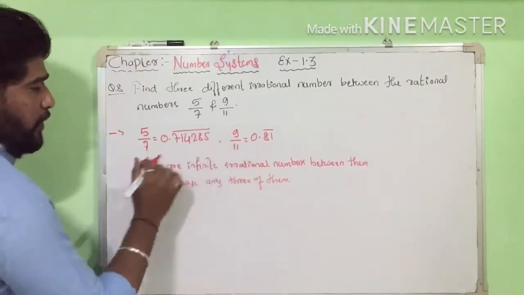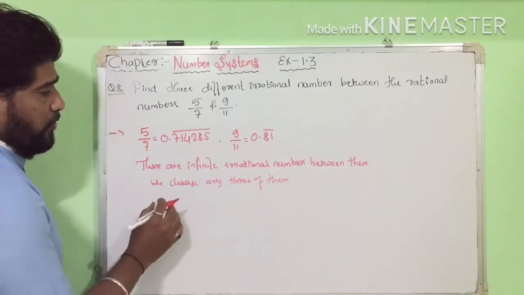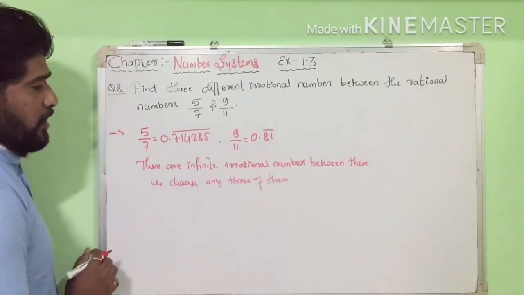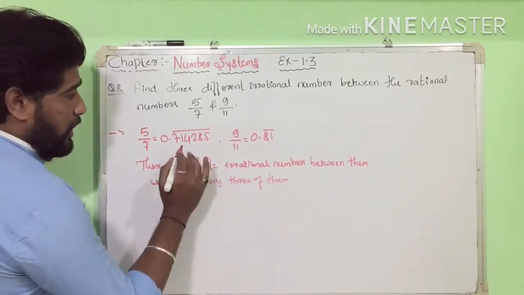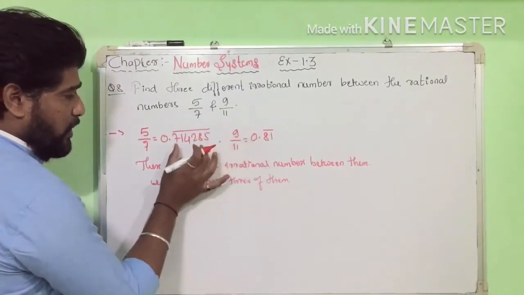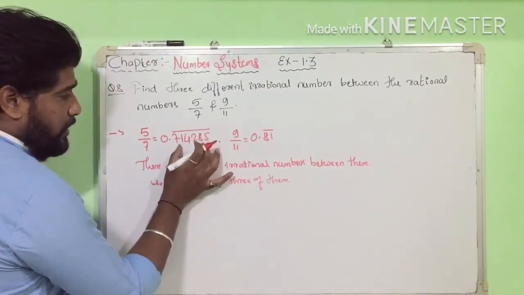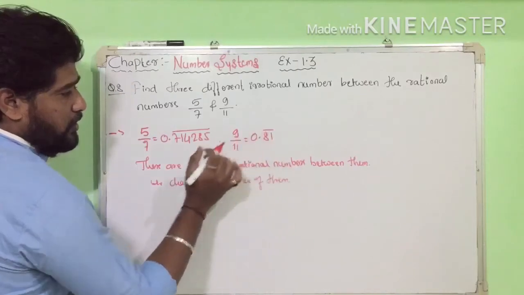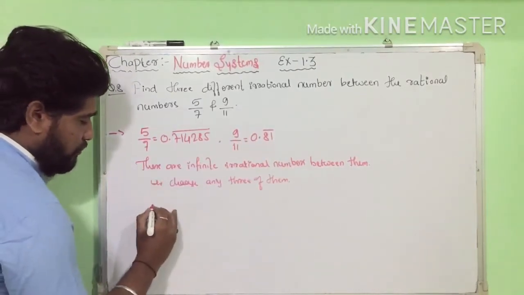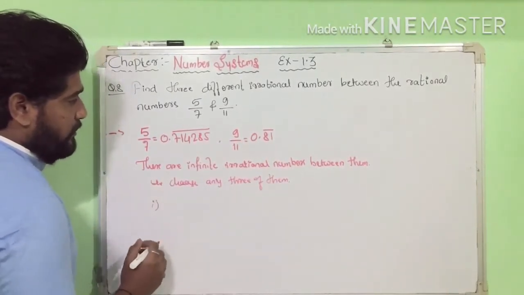There are infinitely many irrational numbers, but we want only three. The number must be in between these two, greater than this number and smaller than this number. So first one I will write here.